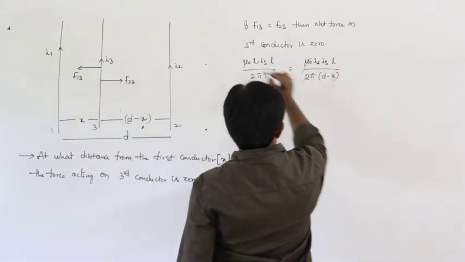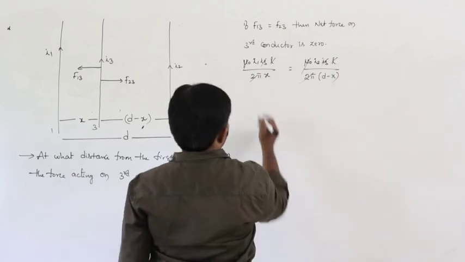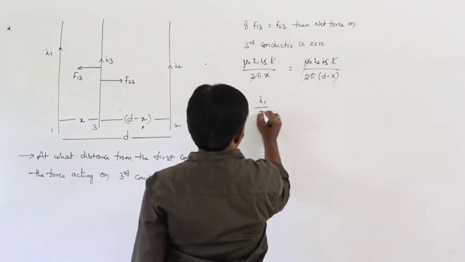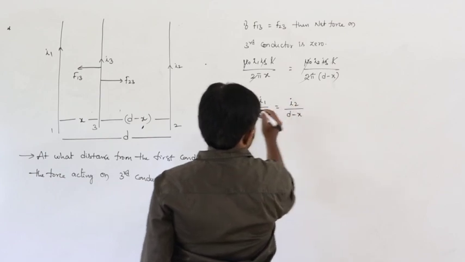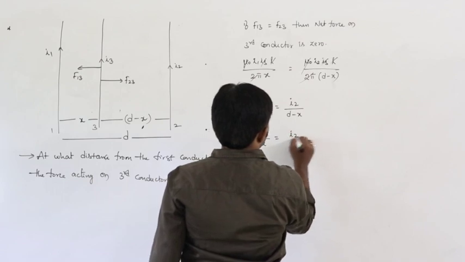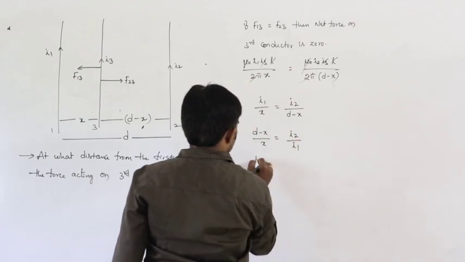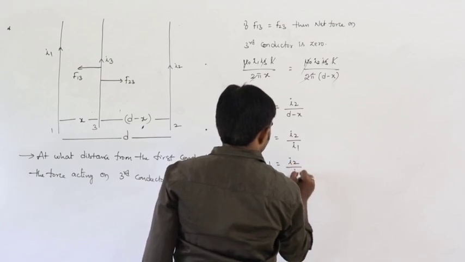So mu naught by 2 pi cancels on both sides, I3 L also cancels. Then the condition is I1 by x is equal to I2 by (d minus x). So (d minus x) by x is equal to I2 by I1.